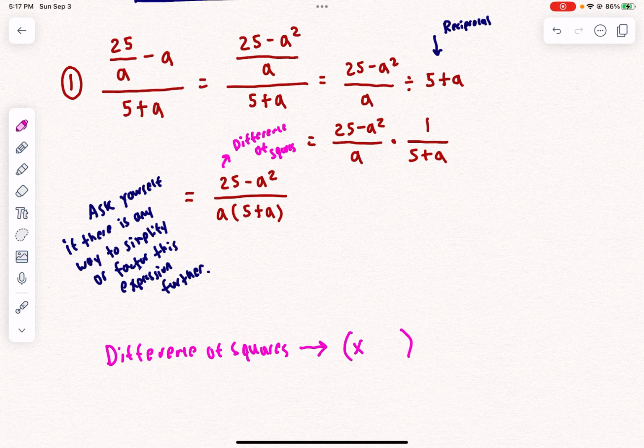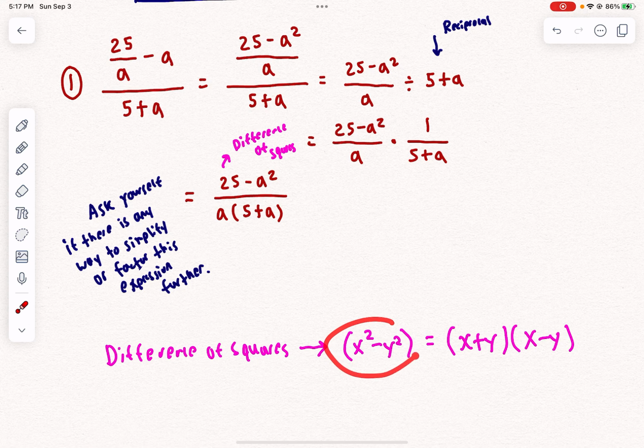more generally, x squared minus y squared, the most important thing here is that you have that difference sign, that subtraction sign in there. Whenever you have the situation, that's the same thing as saying x plus y times x minus y. So this difference of squares property allows us to factor this expression into this.